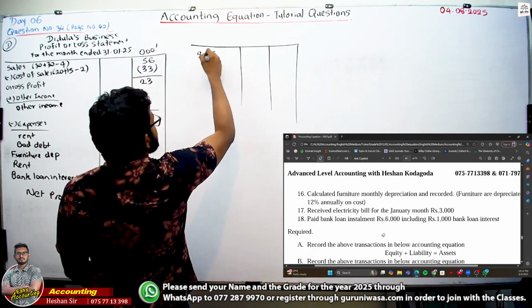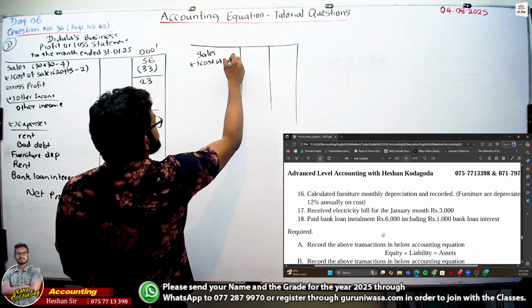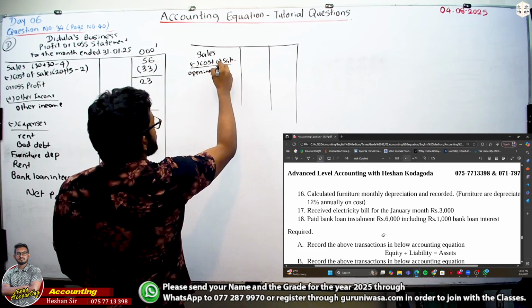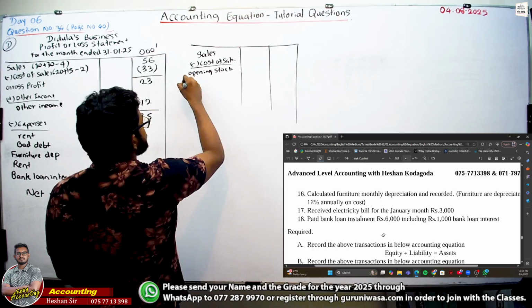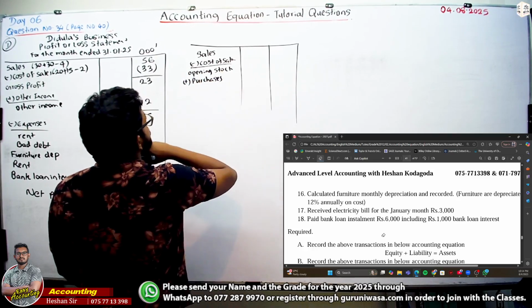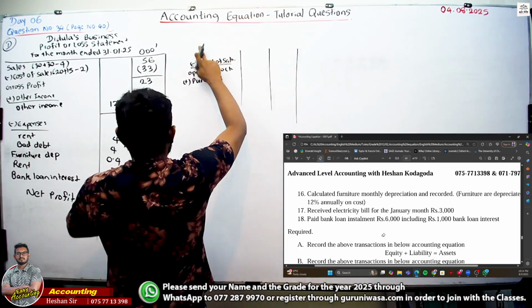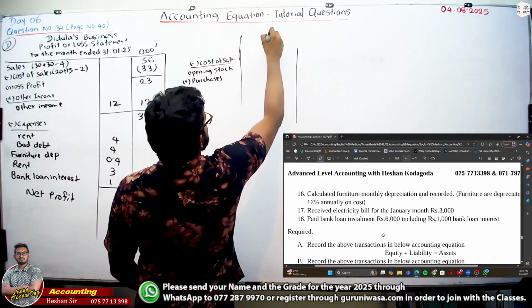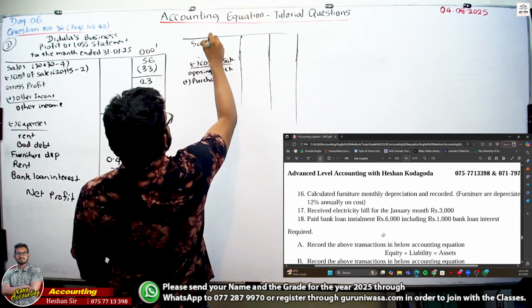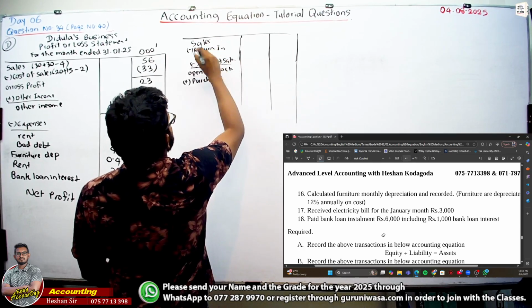If you want, I'll write the sales minus cost of sales. The other ways as well. Just opening stock plus purchases, right? Here also when we are writing, sales minus return inwards, right?